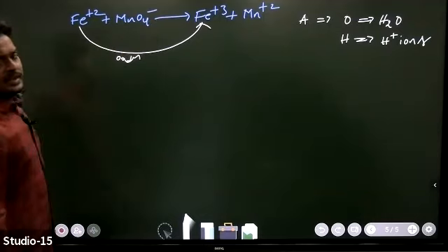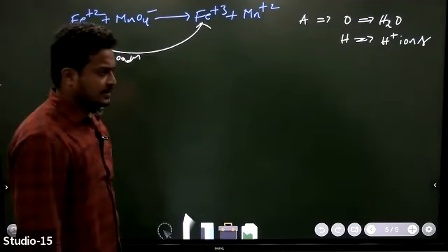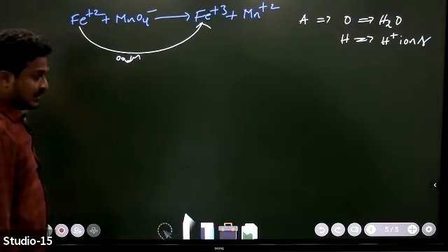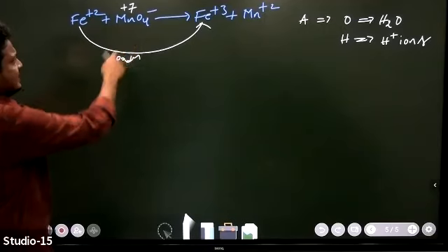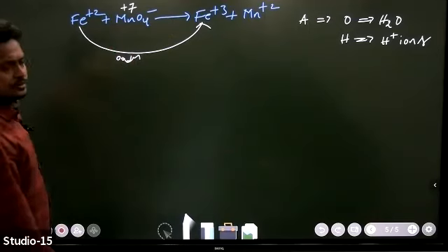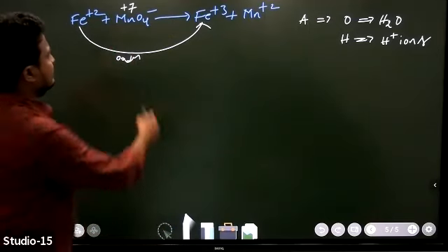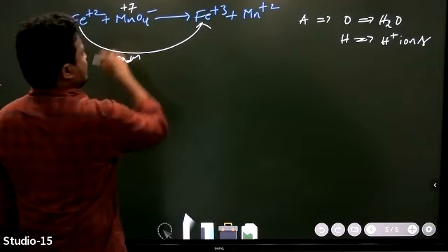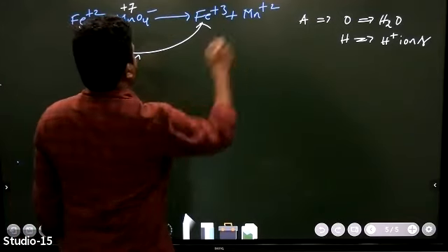In MnO4 minus, what is the oxidation state of manganese? It is plus 7. Calculate: 4 into minus 2 is minus 8, equal to minus 1 overall. In MnO4 minus manganese is plus 7, and here it is plus 2.